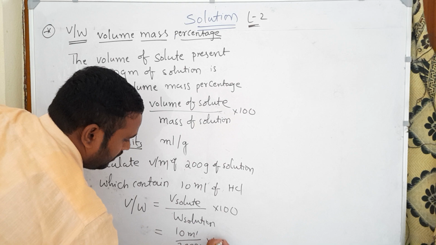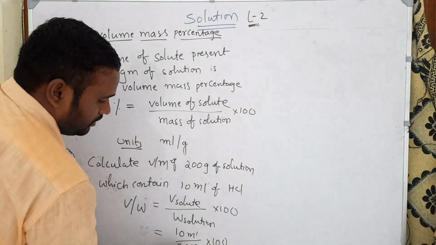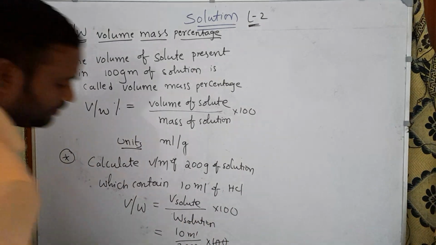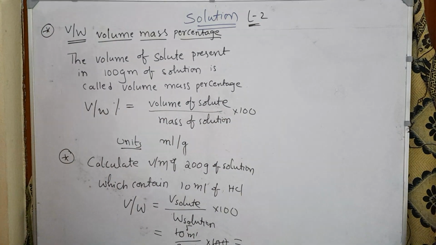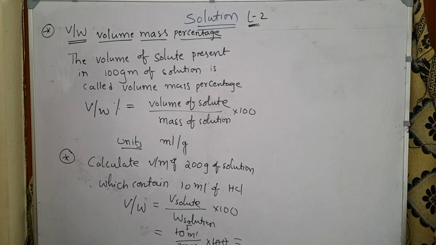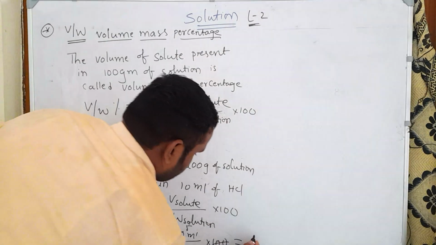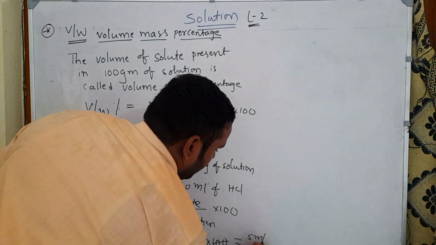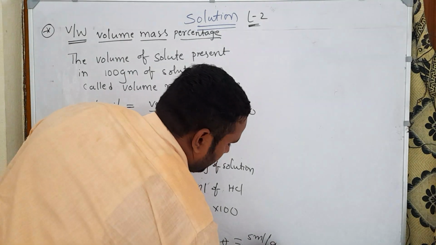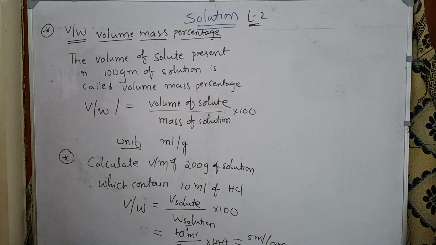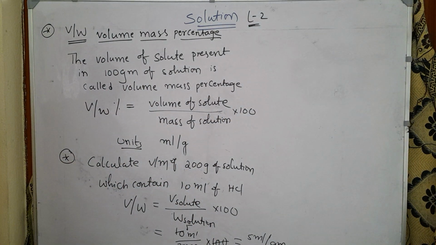So into 100, here we will get 5 ml per gram.